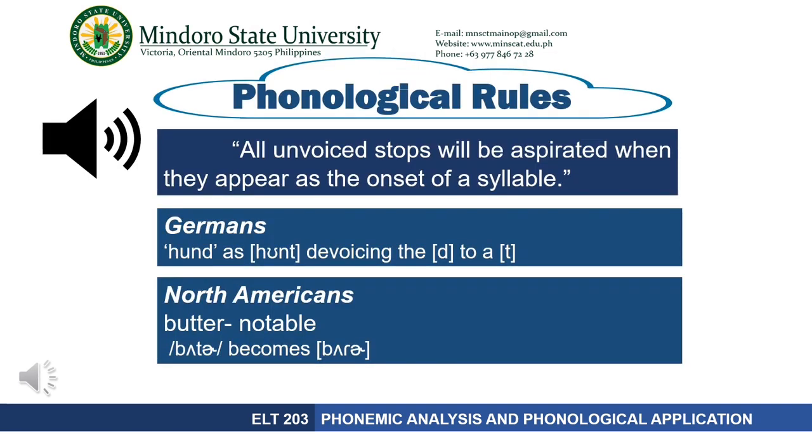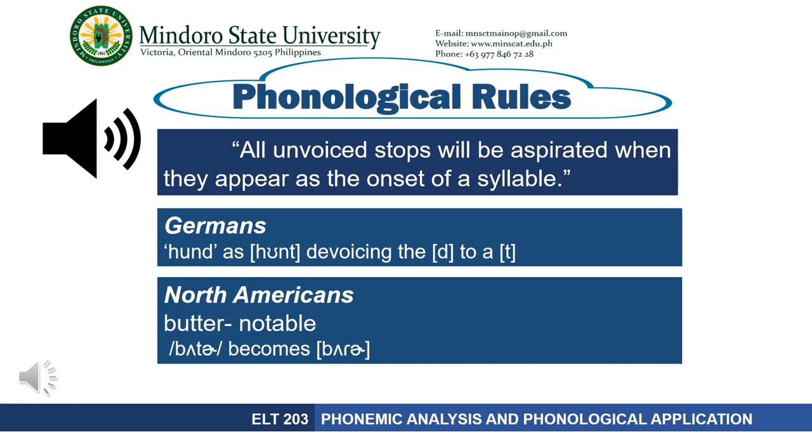To give you a short introduction, in the English language, there is the rule for aspiration, which states that all unvoiced stops will be aspirated when they appear as the onset of the syllable. In speaking, English speakers aspirate some phonemes by figuring out the pattern, and then it can be formally written as a phonological rule.